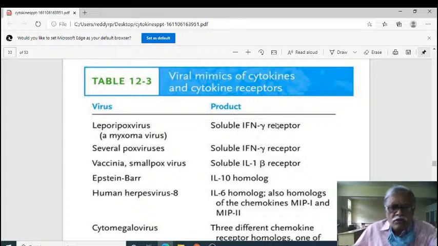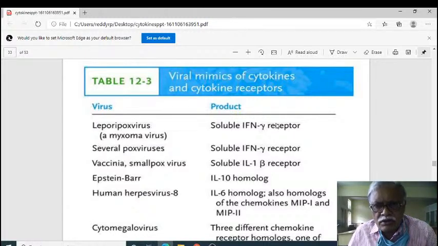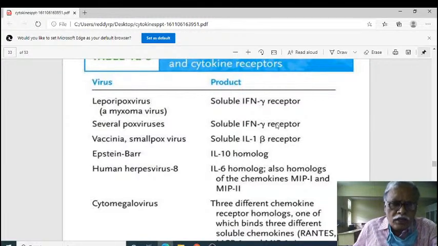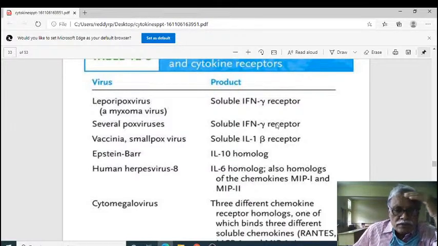So these are some of the virus infections which mimic cytokines and cytokine receptors, like the leporipox virus, that is myxoma virus, which produces an interferon gamma receptor and attaches to the ligand.